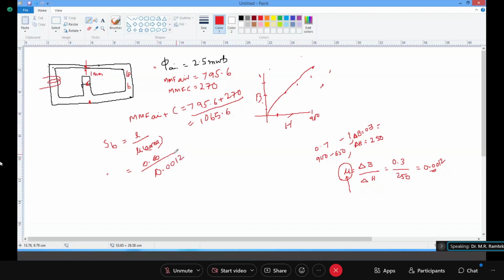And what is the area? It is 25 centimeters square multiplied by 10 raised to minus 4. Clear? So from this, what you can get? The value of SB. After getting the value of SB, after doing the calculation, can you tell the value?